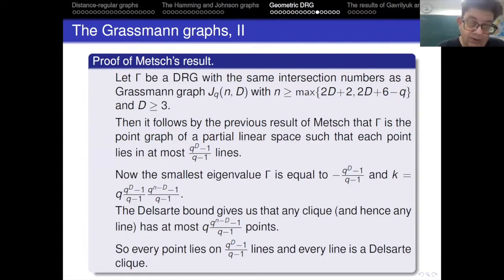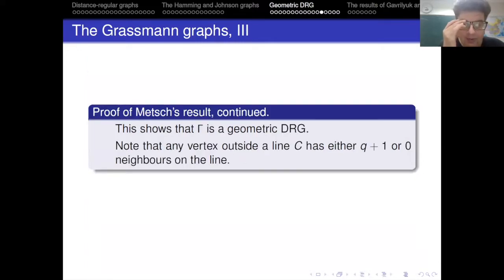So every point lies on (q^D - 1)/(q - 1) lines, and every line must be in that factor. Trivial, yes? So this shows that gamma must be a geometric distance-regular graph. And note that any vertex outside the line has either q plus 1 or 0 neighbors on it. You can calculate the alpha in this case, and that is q plus 1.